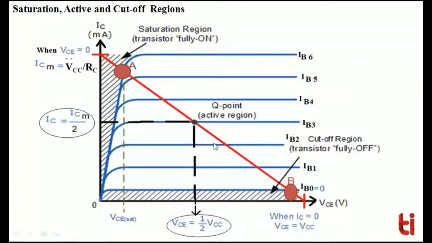And in this region, the point where the load line intersects the zero signal base current, or a given base current which has been calculated under DC operating condition, is called the operating point or Q point, and it is also called the quiescent point.